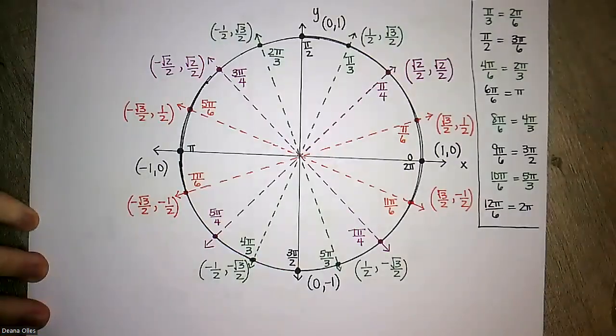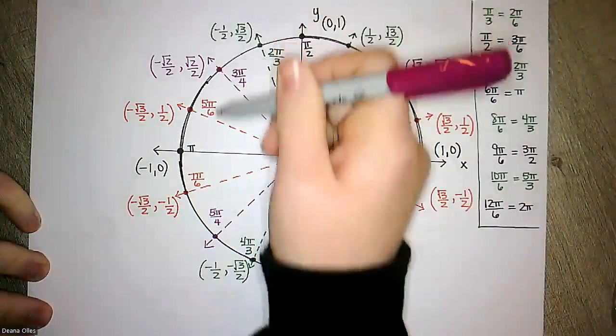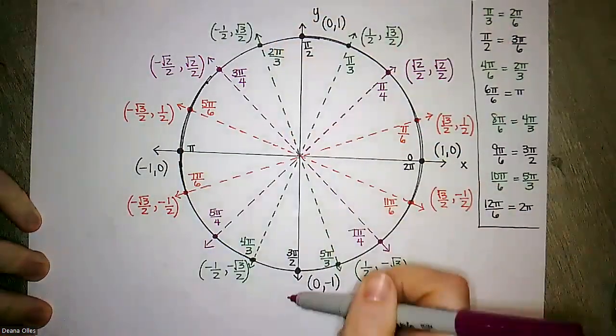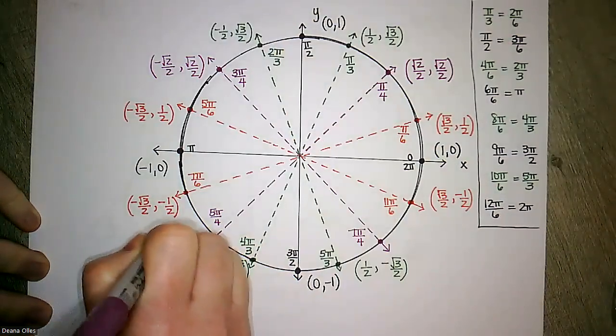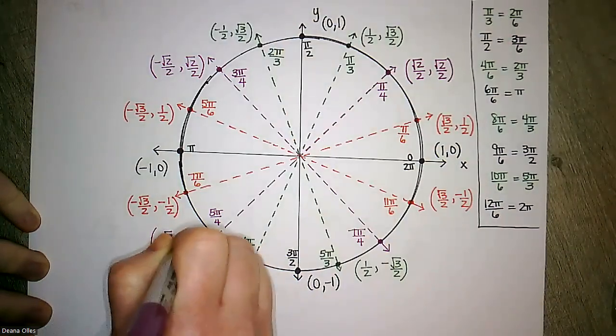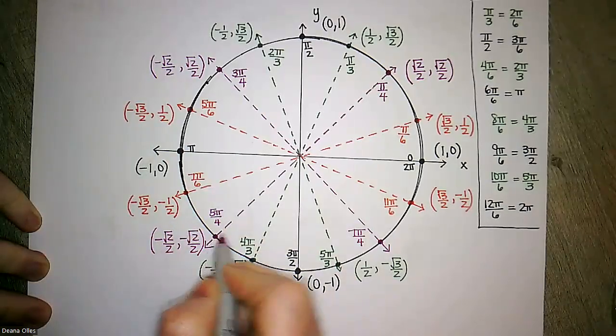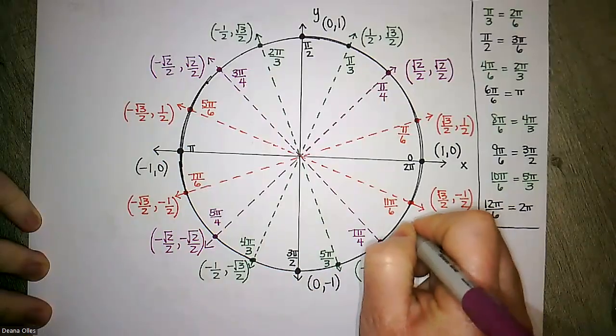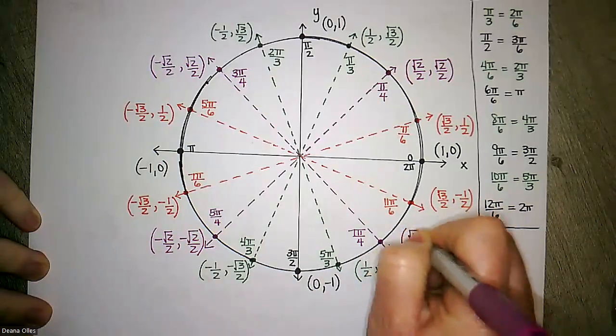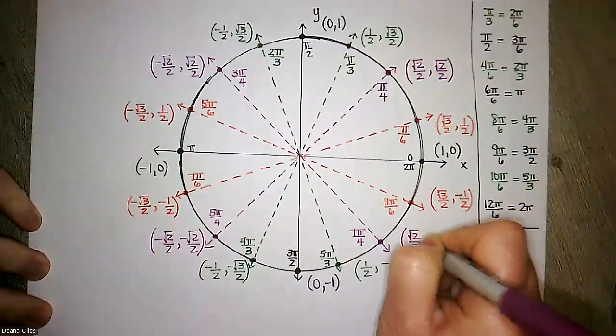X is negative, y is positive. Jumping into the third quadrant, both x and y are negative. So we have negative root 2 over 2, negative root 2 over 2. And then we jump across the y-axis and x becomes positive, but y remains negative.